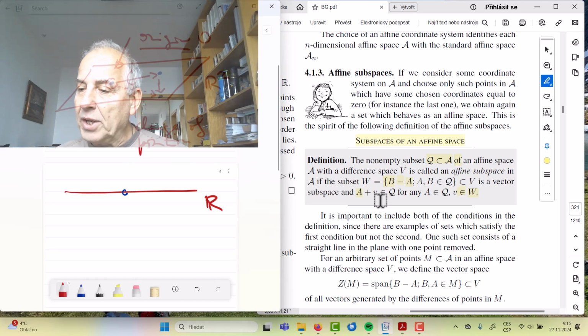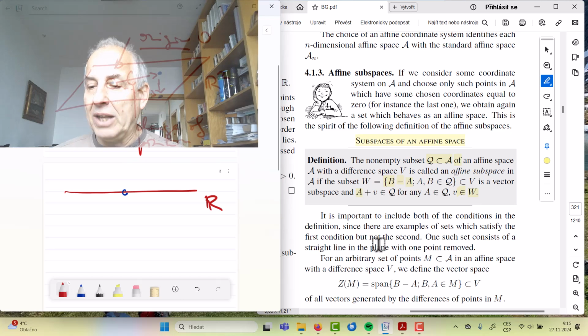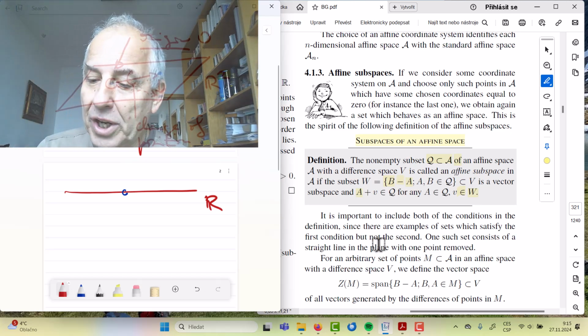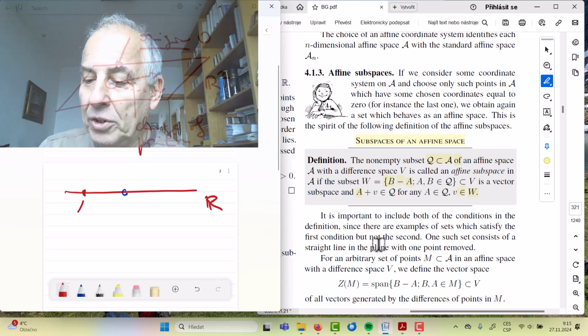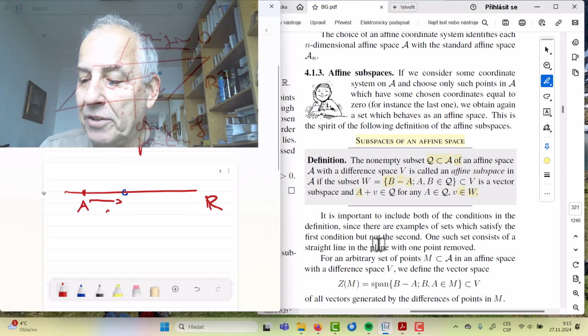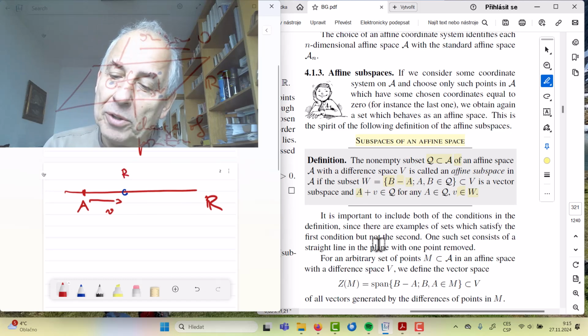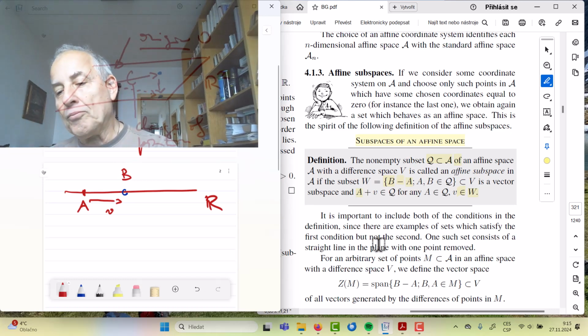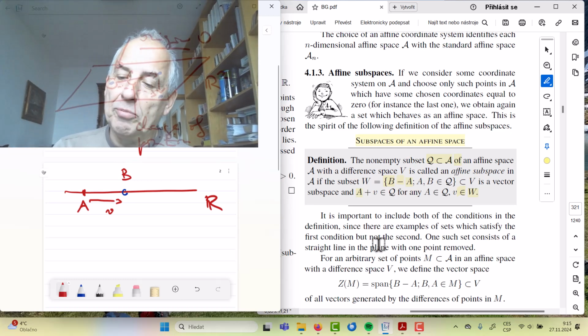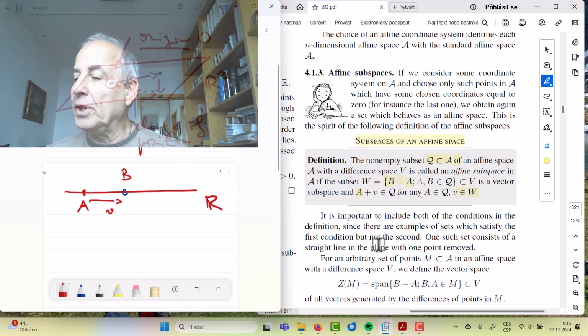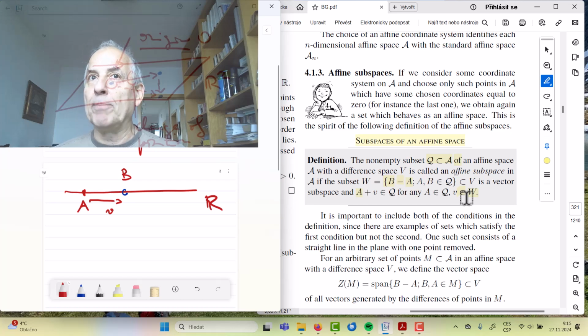Then of course the set of all the differences will be again R, but it's not true that if I take a point here I could add any vector, because if I add the vector, say from the point B which I removed, so the difference of B minus A, then simply this is not fulfilled. So simply I don't want to see these kind of things as subspaces, because they are not affine spaces by themselves, and therefore the second condition is strictly necessary.